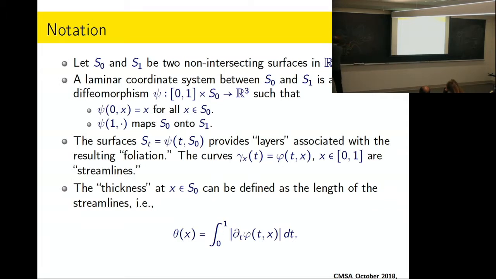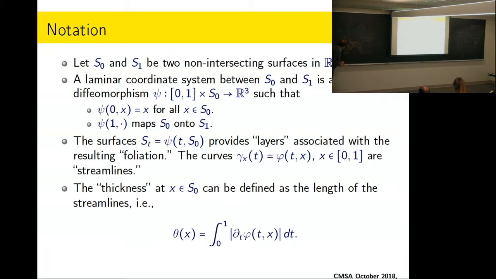So now I have some 3D region in the space, and I'm going to build my coordinate system from the base surface and the transverse line. So I have x on the base surface, and I have t on the transverse line. And given x and t, I can go along the transverse line and get a point in between the two surfaces. And this I'm going to call psi of t.